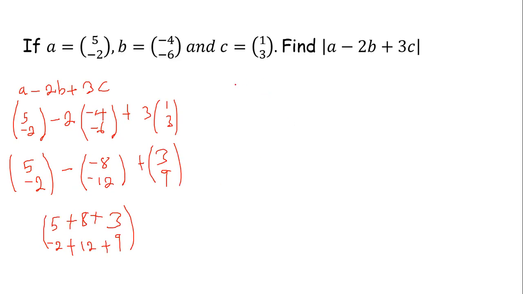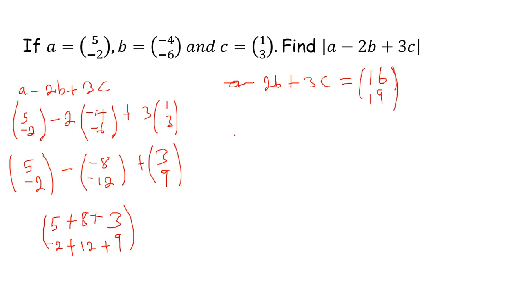So finally we shall have that A minus 2B plus 3C is equal to 5 plus 8 is 13, minus 3 is 10. Then for the y-component, -2 plus 12 is 10, plus 9 is 19.